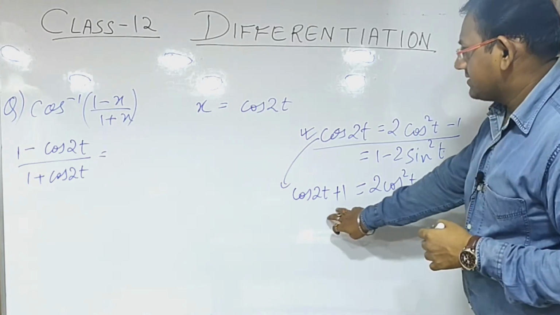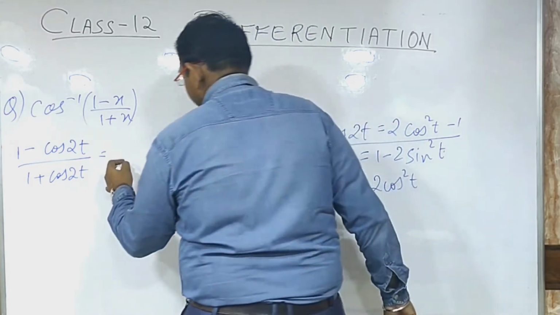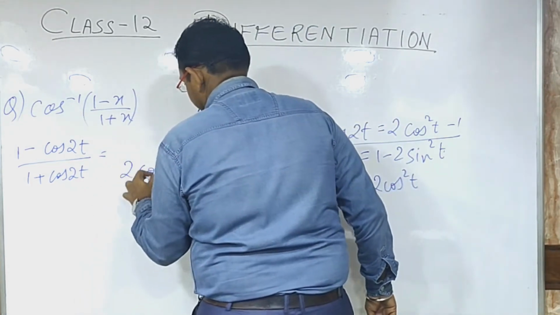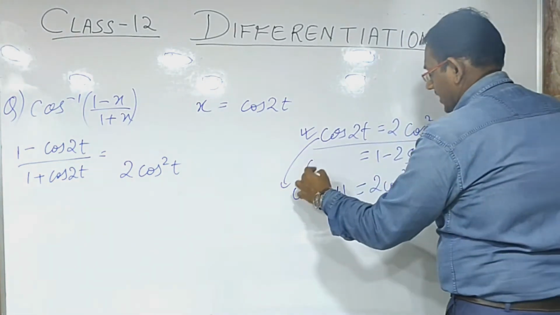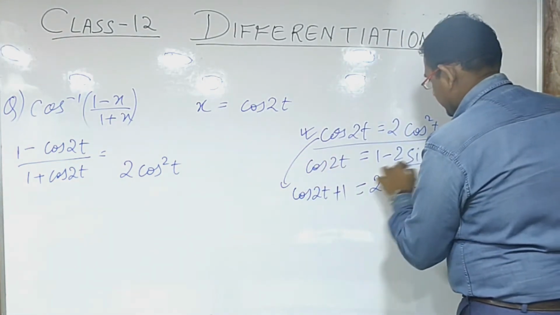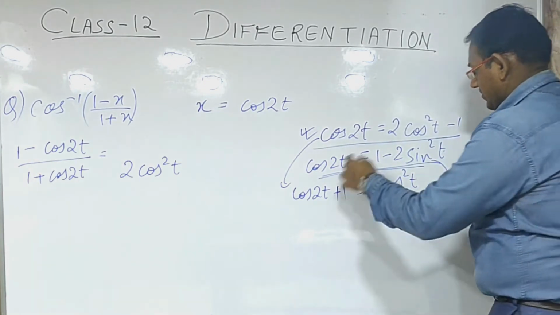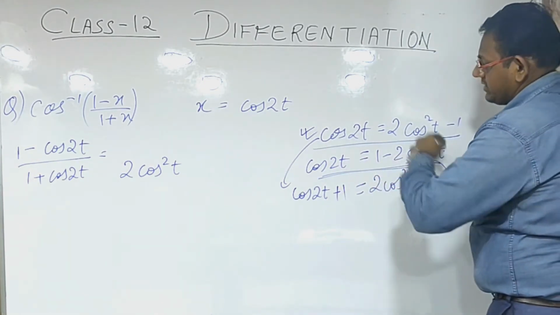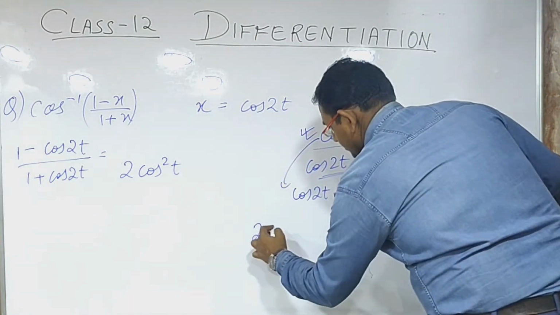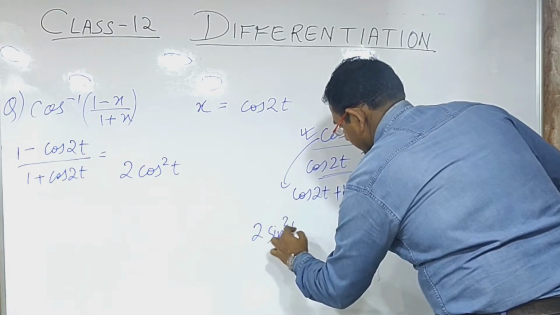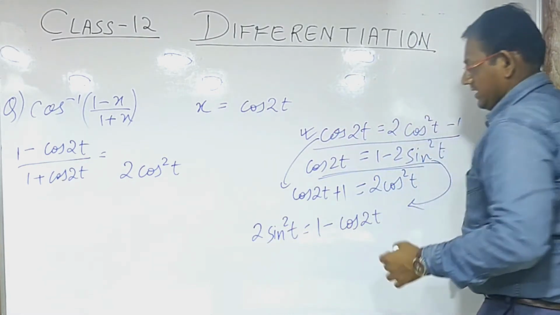Now this is the portion we are seeing in the denominator. So in the denominator we will write this as 2 cos square t. Similarly, in the other formula, if we take 2 sin square t on one side and cos 2t on the other, this becomes 2 sin square t equals 1 minus cos 2t.